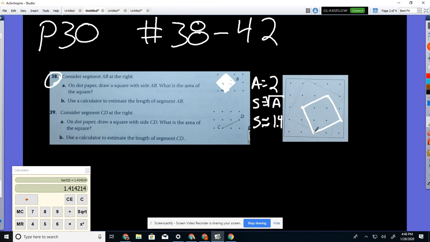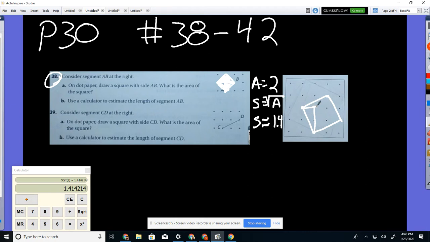Again, we did this one in class. If I am trying to recognize the area of that triangle, it has a height of 1 and a base of 2. 1 times 2 is 2, divided by 2 because it's a triangle, is an area of 1. We can look at that visually: this whole rectangle is 2 square units, and this triangle is half of that, so it's only worth 1.